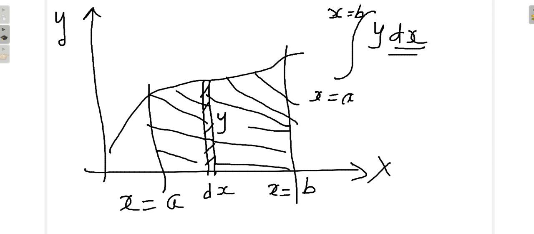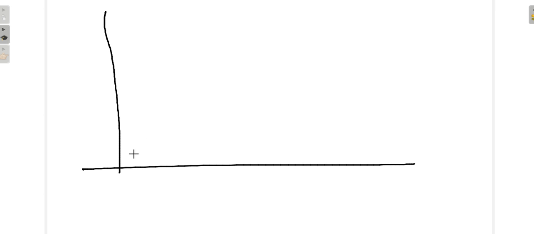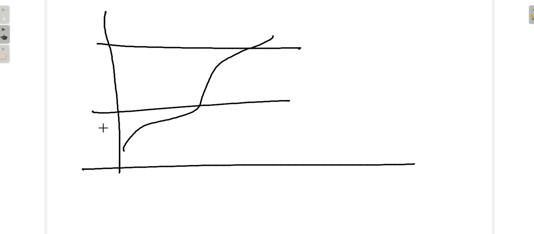Now let us see area under a curve and y-axis. Suppose you are given a similar curve, and you want to find out the area bound by the y-axis and the curve between the coordinates, say y equal to a and y equal to b.